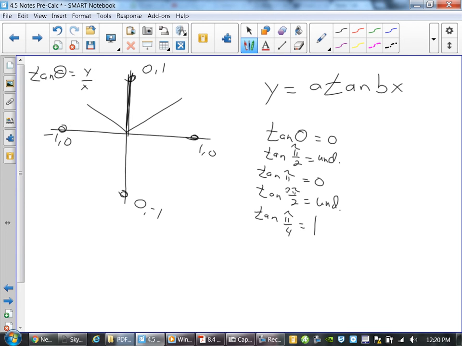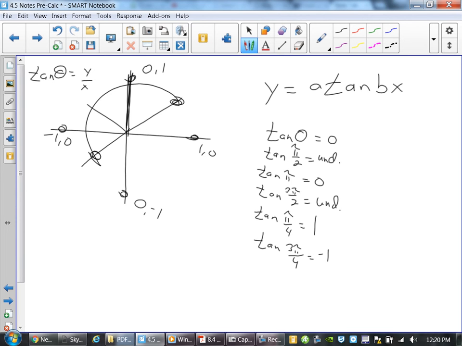What about at 3 pi over 4? Negative 1. Thank you. Negative 1. And then obviously, these two are the same values because the sign's the same and so on.